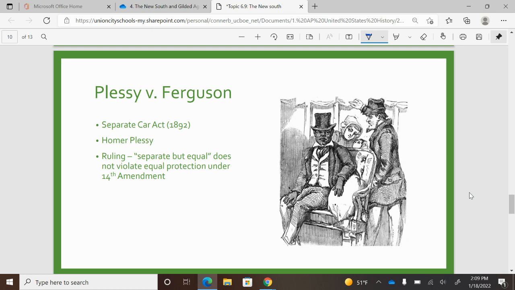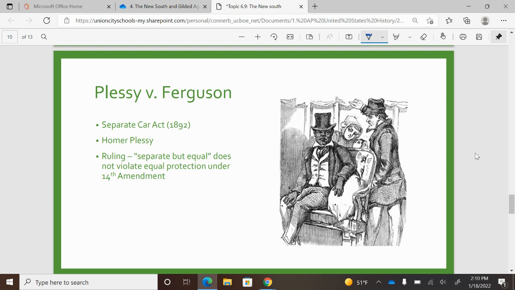So, a guy named Homer Plessy, who, as opposed to what this picture looks like on the right, through his lineage and through his ancestry, could legally pass, or visually, he could pass as white, although he was considered legally black in Louisiana, is going to attempt to ride in the whites only car of a railroad.